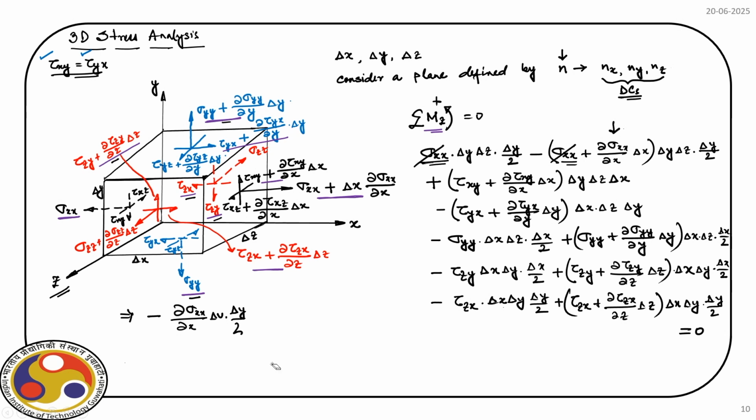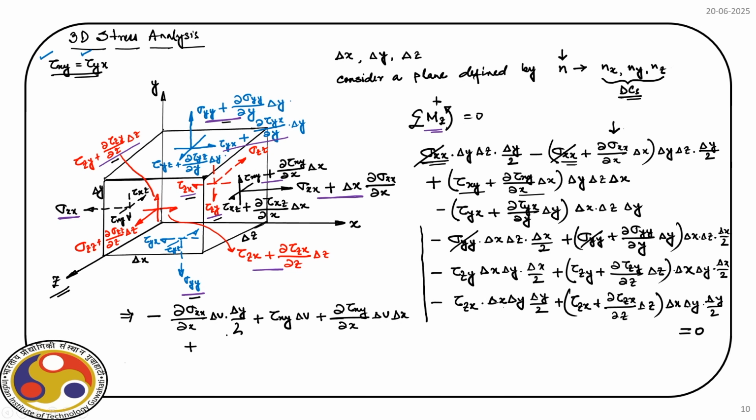Okay. Then here we will have plus tau xy and then delta v. Then we have xy here plus this component. So, that is plus delta v times we have delta x, plus, again here you can see this will get cancelled.